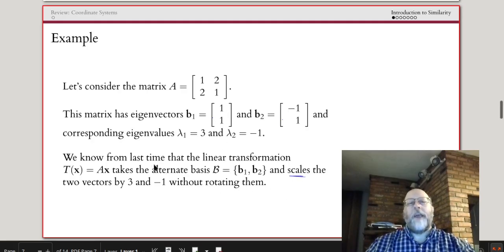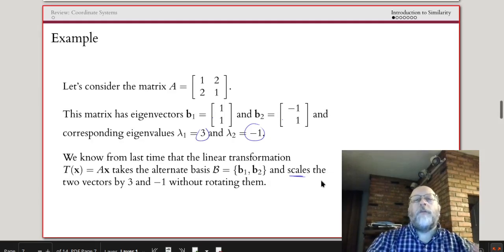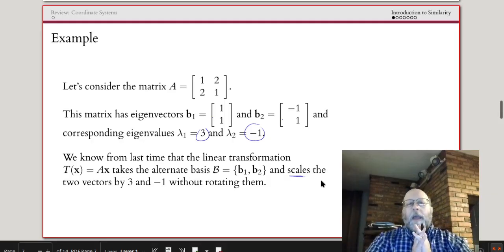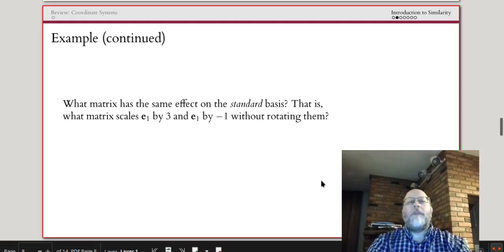This vector gets scaled by a factor of 3, and this vector gets scaled by a factor of negative 1. So my question for you, and I hope you can figure this out, is what matrix has the same effect on the standard basis? In other words, what matrix will scale e1 by 3 and e2 by negative 1 without rotating them?